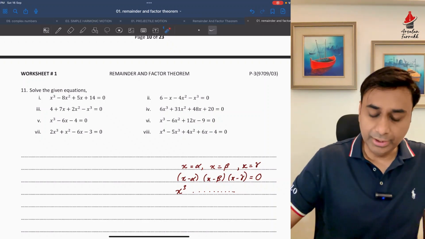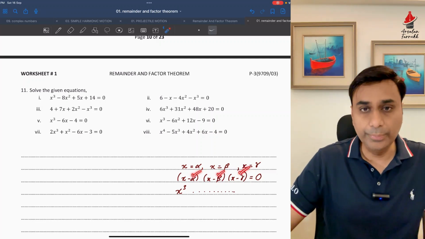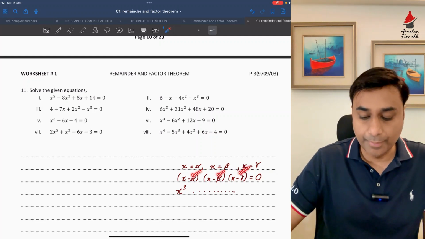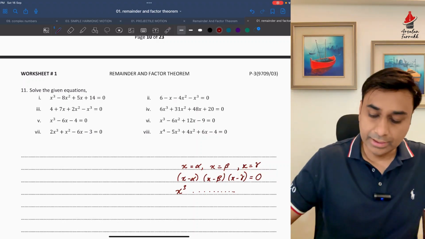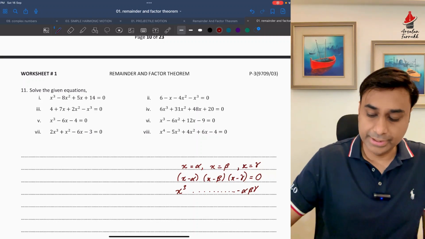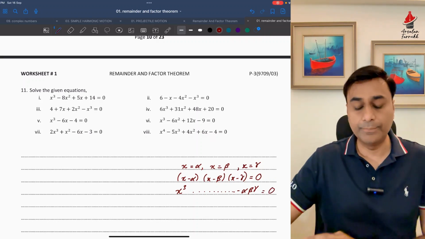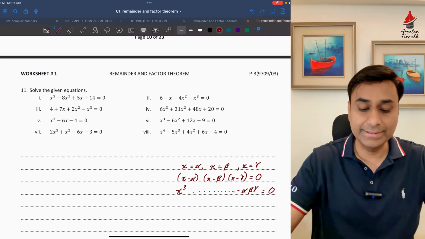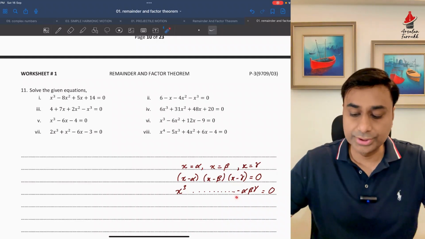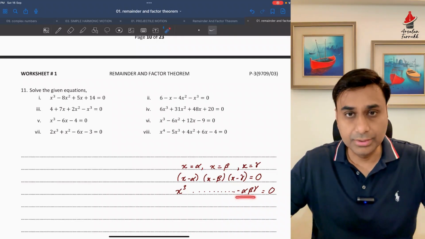But what I really want you to see is that the last constant term after doing all of this multiplication should be the product of these three numbers, alpha, beta, gamma, with a minus sign. Well, that also is not very important, but what is important is that the last constant term has factors alpha, beta, and gamma.